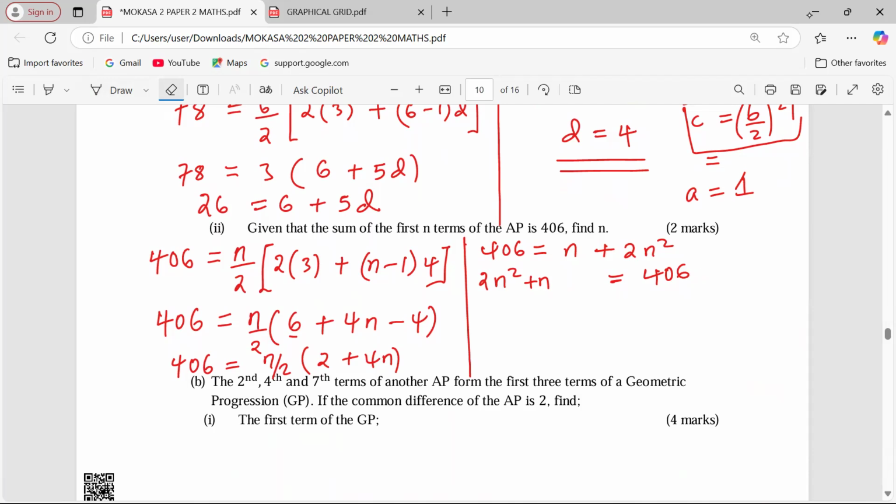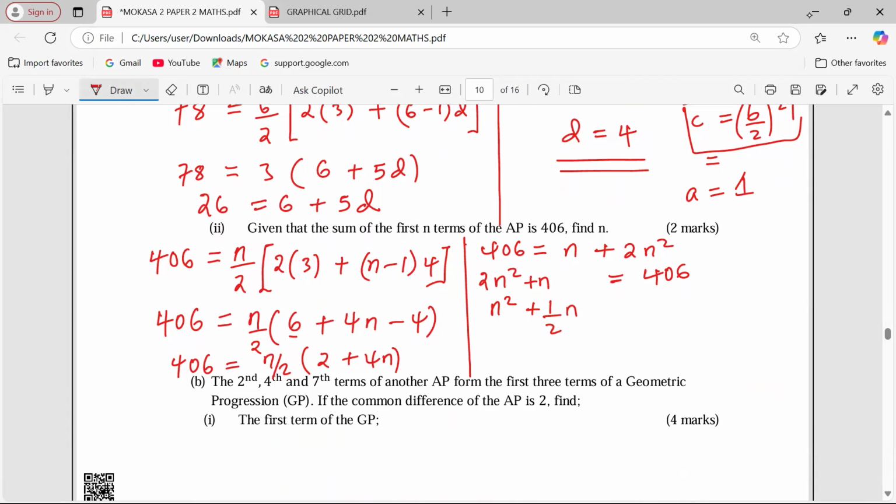I must first divide everything by 2 so that I have n squared plus half n, where I'll be adding a constant, equals 406 divided by 2, which is 203.